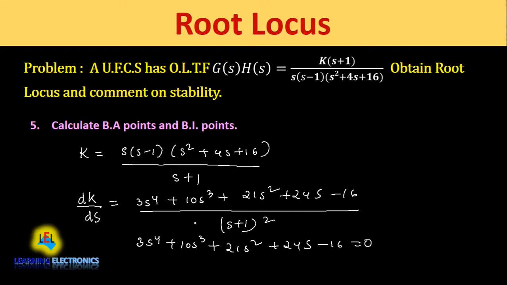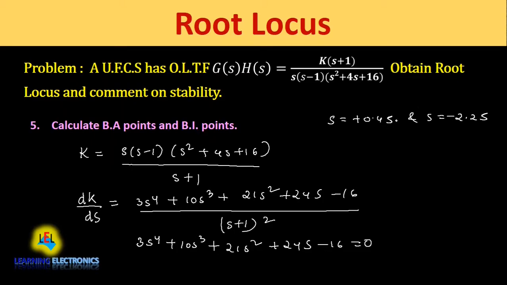Now we have to find the roots of this equation to find the breakaway or break-in points. By hit and trial method we will find the roots of this equation. We will get two valid breakaway points, or two valid roots, at s is equal to plus 0.45 and at s is equal to minus 2.25.